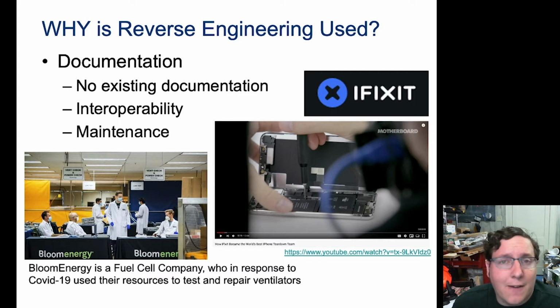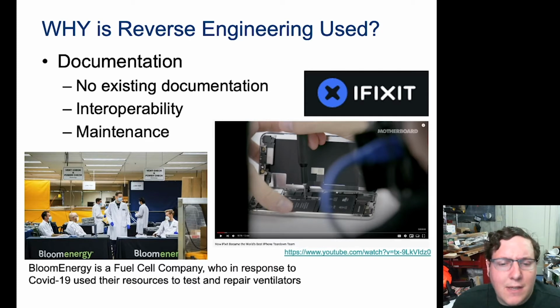That's where companies like iFixit will get a new product as quickly as they can, and have a team of people figure out how to take it apart, what parts it has, and how they piece together. Then they come up with documentation that's freely available so you can repair your own iPhone, or swap out the battery on a laptop that for some reason is difficult to get to. There's a video on YouTube on how they did the teardown process on one of the iPhones as soon as it came out.